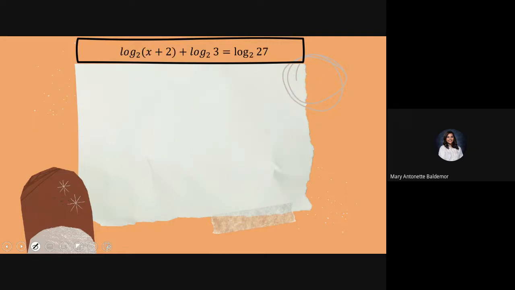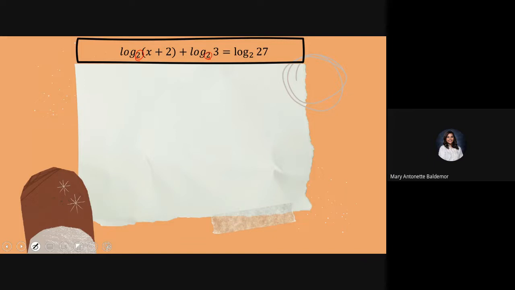We have the logarithm of x plus 2 with base 2 plus the logarithm of 3 with base 2 is equal to the logarithm of 27 with base 2. Now, in this case, since we are using addition here, we know that we are going to multiply, since they have the same base.